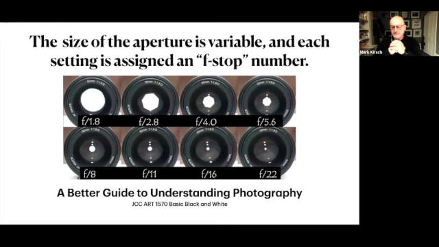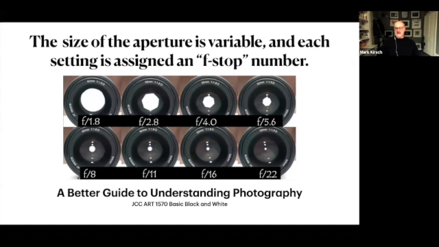And the f-stop numbers aren't as fluid and poetic as shutter speed numbers, because they're the result of a mathematical formula that has division in it and stuff that is not my friend.